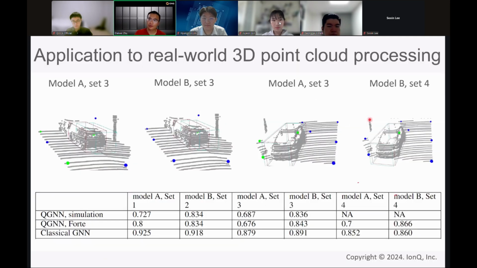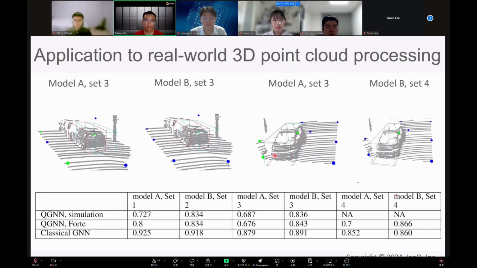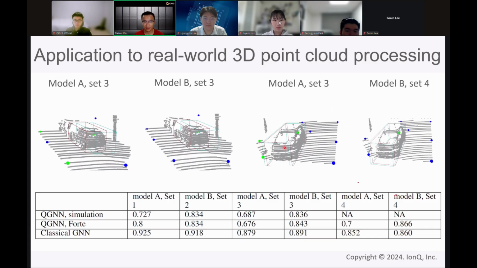Okay, so we used the graph neural network to test an actual real-world problem. We collaborated with a research division of Hyundai to work on this point cloud classification problem using a quantum computer. We observe that with the quantum graph neural network, you are indeed capable of predicting those bounding boxes of your 3D point cloud.